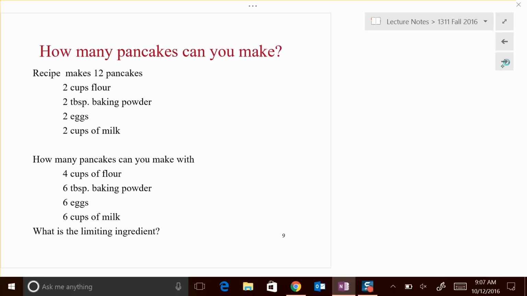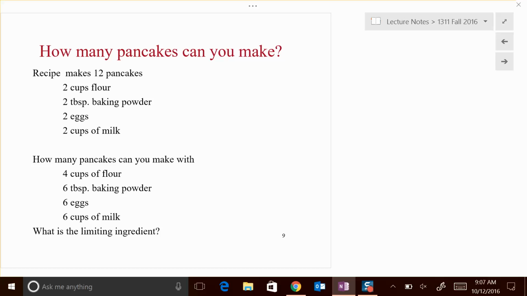How many pancakes can you make with 4 cups of flour, 6 tablespoons of baking powder, 6 eggs, and 6 cups of milk? You can make 24, right? Even though I tripled these, I only doubled this one. Therefore, this is my limiting reagent. It's my limiting ingredient. It's the thing that will determine how much is produced.